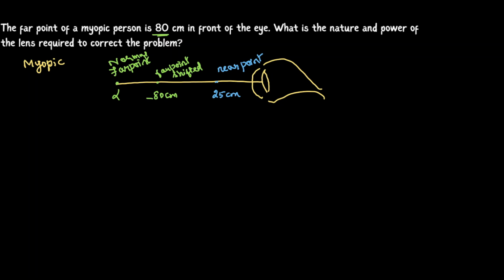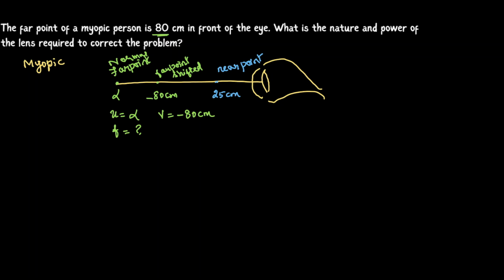The object is at infinity. The image should fall at 80 centimeters, then only the person is able to see the object. So v is equal to minus 80 centimeters. By using these values, we can find out what f is.